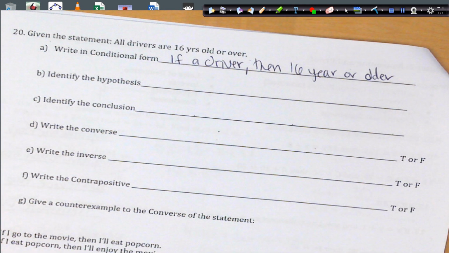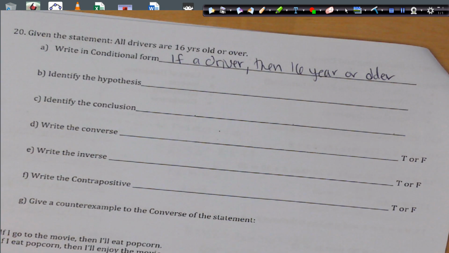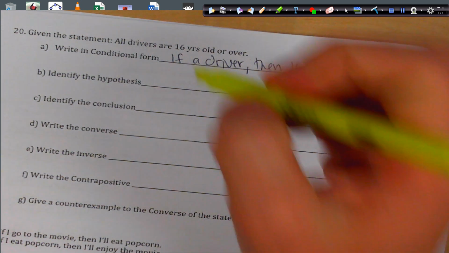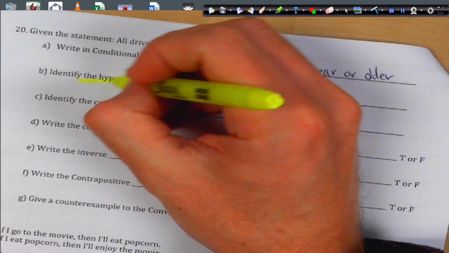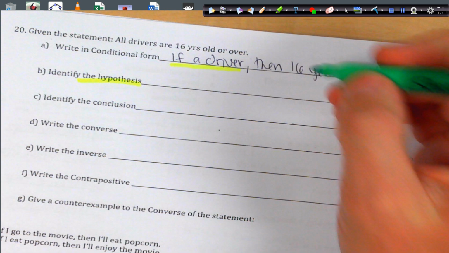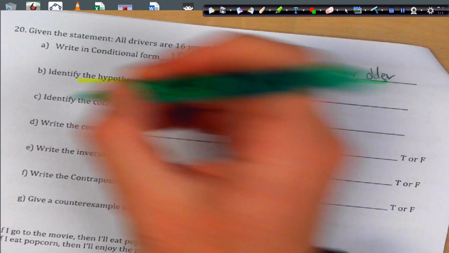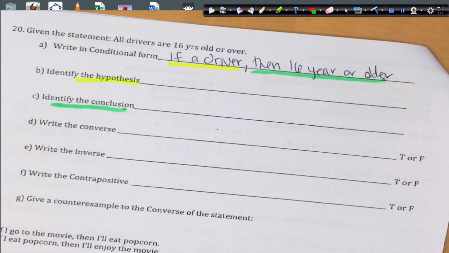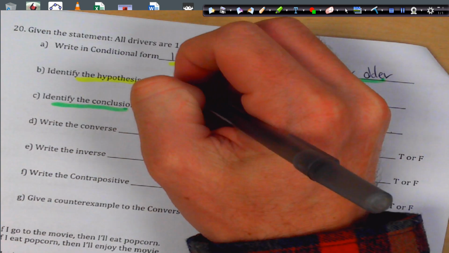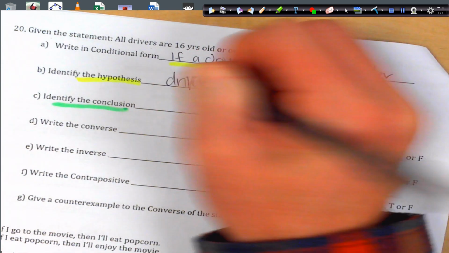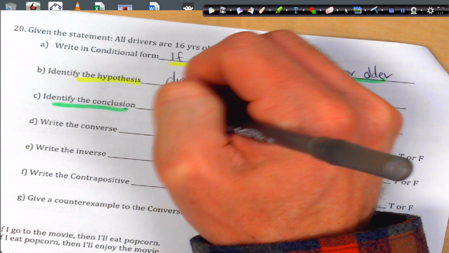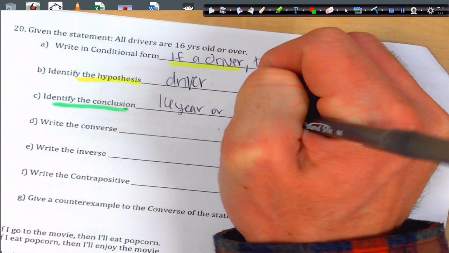Here we can kind of get into our colorways. This right here is the hypothesis, and this is our conclusion for the if-then statement. So the hypothesis would be driver, conclusion would be 16 years or older.